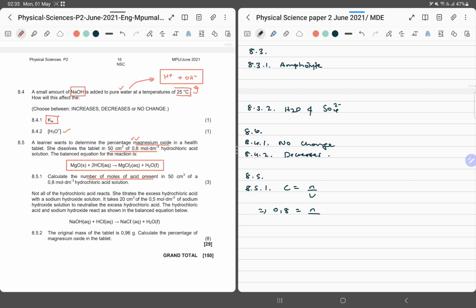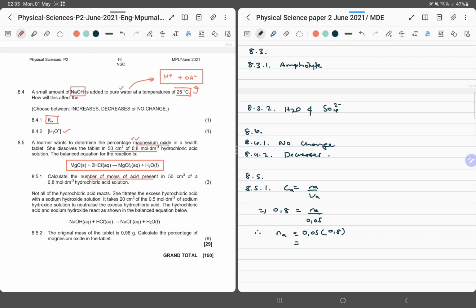The volume is 50 cm³, so this is 0.05 dm³. You just divide 50 by 1,000. Therefore, the number of moles of acid is concentration times volume. It's going to be 0.05 times 0.8.